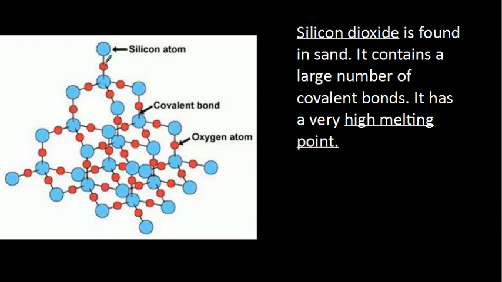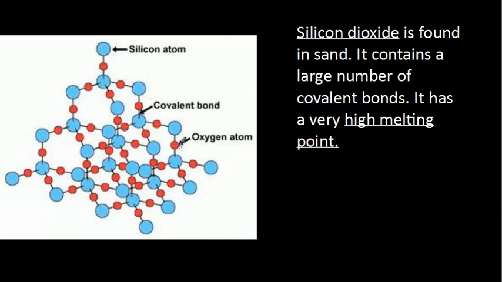So we have a silicon to oxygen bond, and then an oxygen to silicon bond, and it is actually shaped very similar to the shape of diamond. It's just extended because we've got oxygen in the middle between each of the atoms.